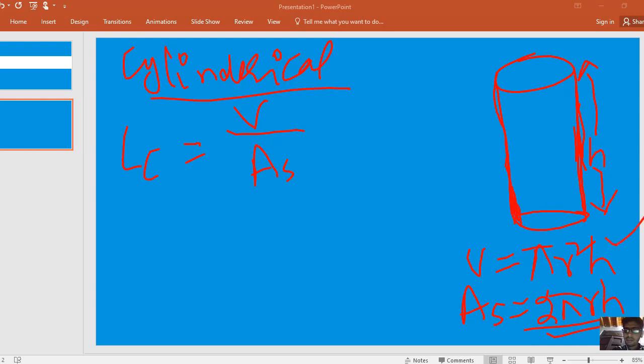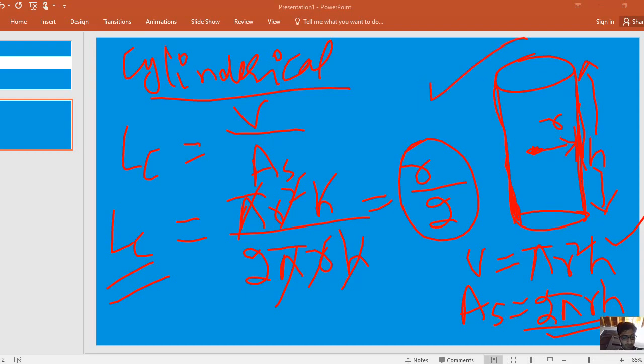So this cancels with this, and the characteristic length is equal to the radius of the cylinder divided by 2.